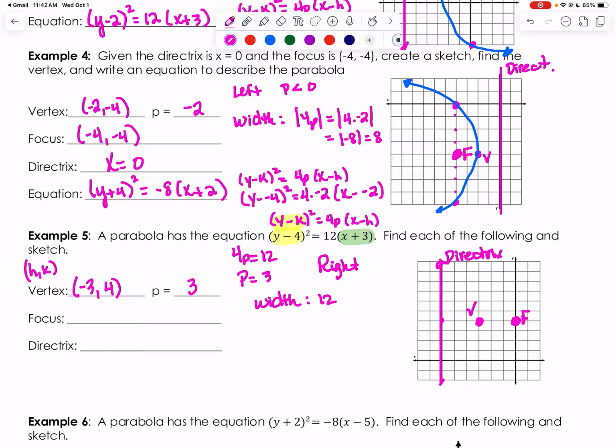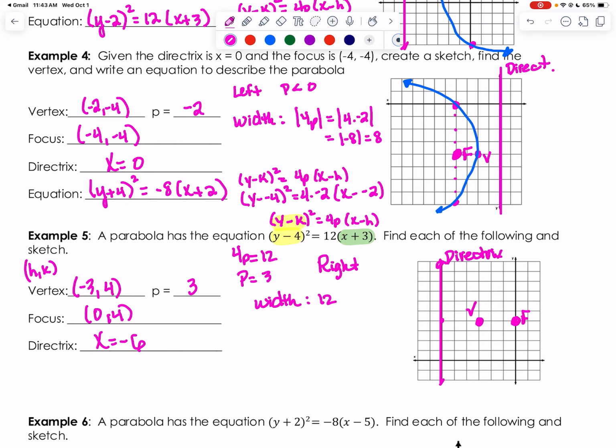So our focus, 1, 2, 3, 4, is at 0, 4. Our directrix is the vertical line x equals 1, 2, 3, 4, 5, 6, x equals negative 6.